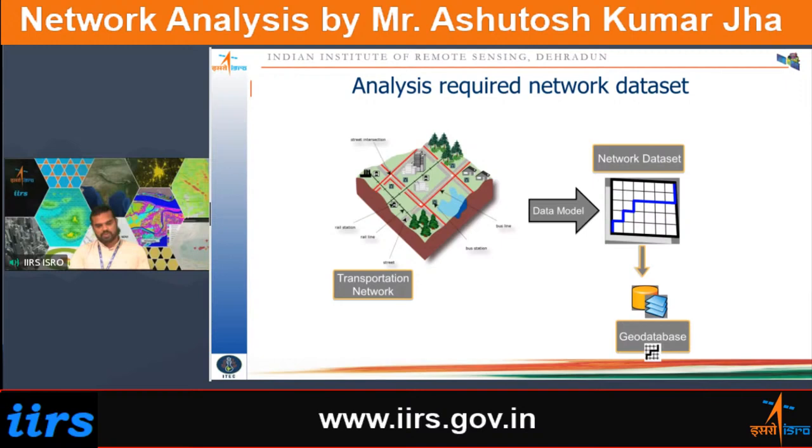Like in this example, there are different streets, and with those streets you'll have a few bus stops, another rail line network, and the different rail stations available to us. All these will be available as separate layers in any kind of GIS data sets. So what we need to do is create a network data set.